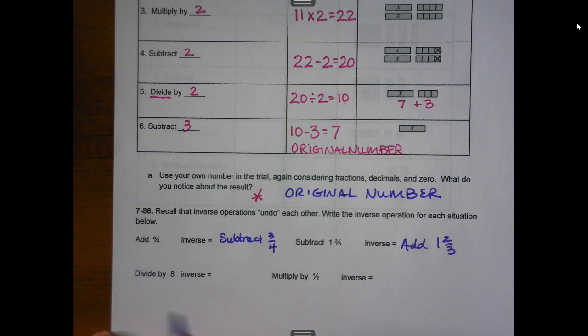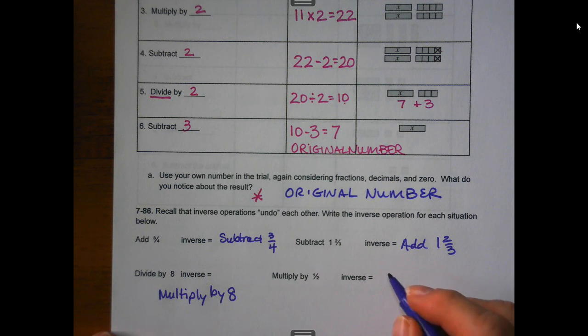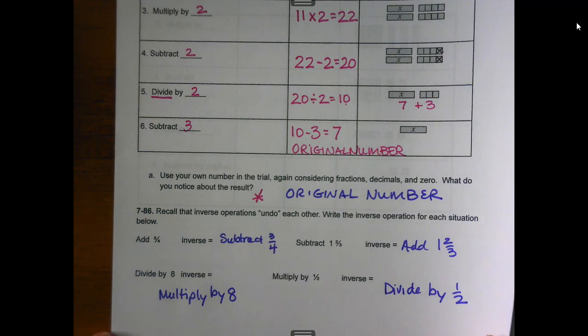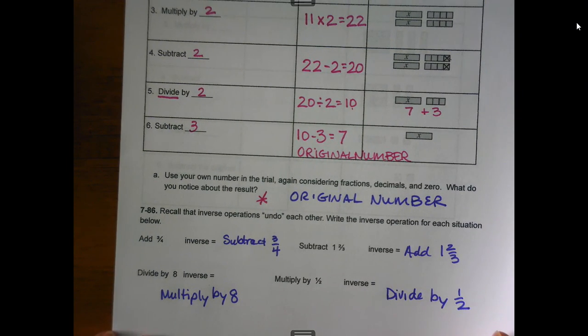Dividing by 8, the inverse is multiply by 8. And multiply by 1/2, the inverse would be divide by 1/2. So if you remember that multiplication and division are opposites and subtraction and addition are opposites, that will make this a whole lot easier because all you worry about is changing the operation.